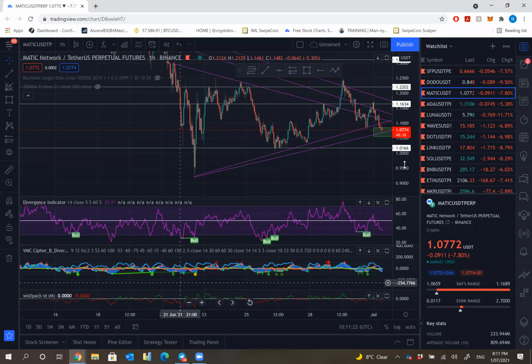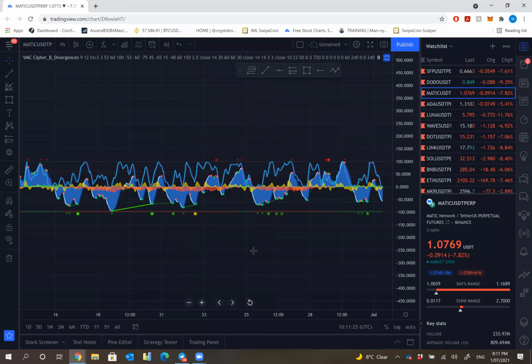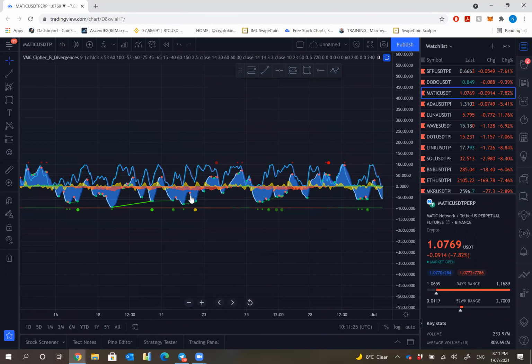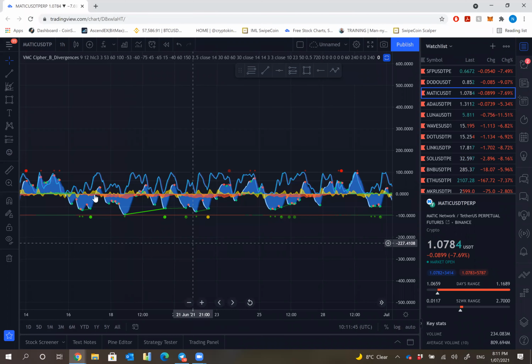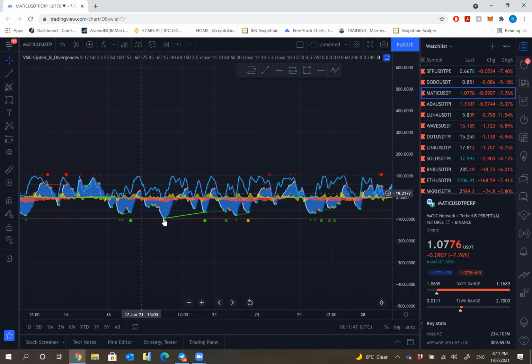With Market Cipher, you've got your money flow, and your money flow is red and green. As you can see here, that's green and that is red. That shows where money is moving into or out of the market. And then you've also got your anchor waves and your trigger waves.